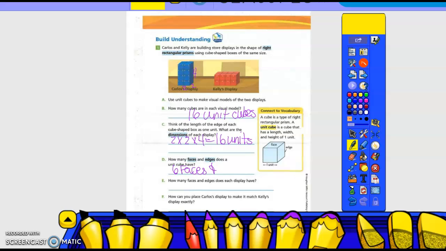So how many edges are there? 12, right? How many faces and edges does each display have? Okay. So how many faces does each one have? 6, right? Because this is a cube, but this is a rectangular prism, and it still has 6 faces, right? Okay, and how many edges? 12 edges.